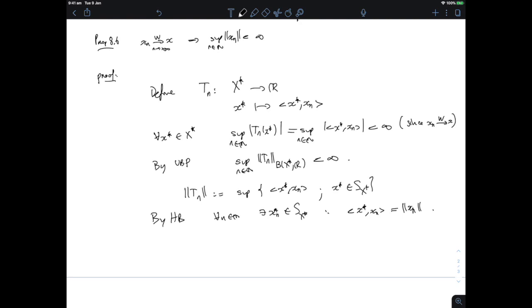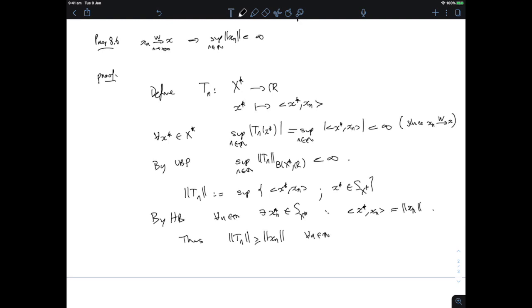Right, so that means that the norm of Tn, so the norm, if you want, of xn seen as an element of the bidual, is certainly greater than or equal to the norm of xn seen as an element of X. That's one way to see that X continuously embeds into its bidual.